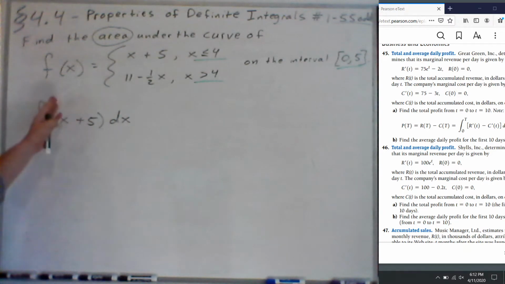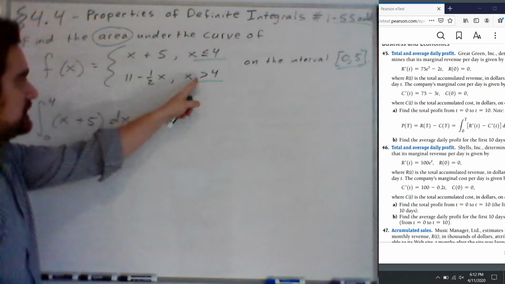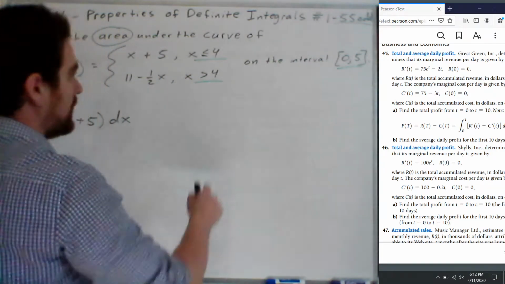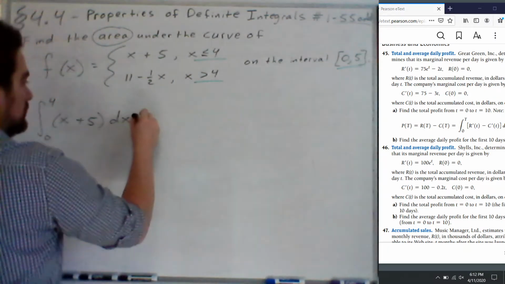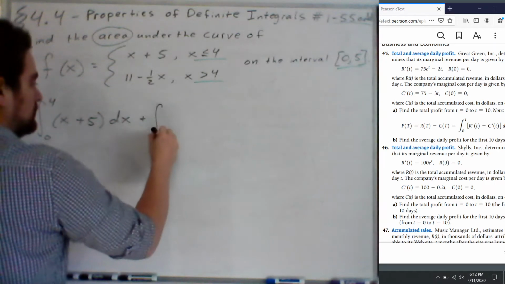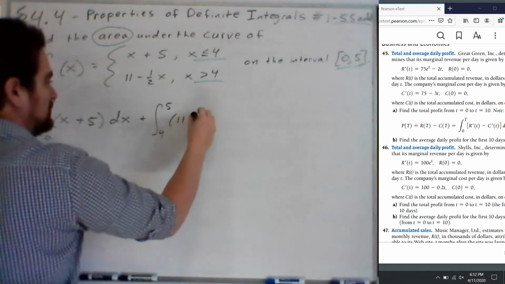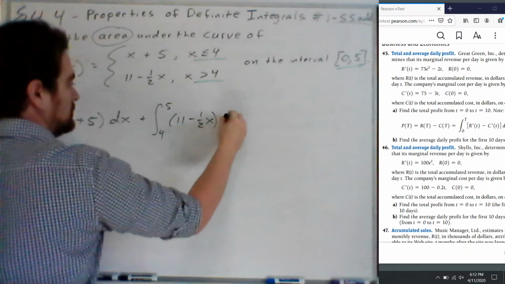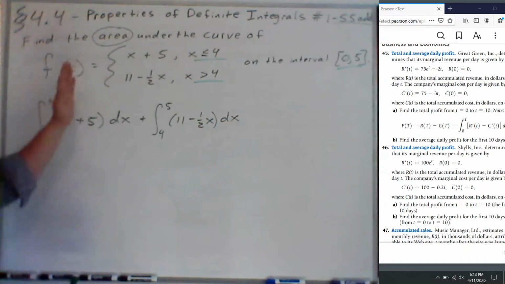But then as soon as I hit 4, I have to switch to this other function and go from 4 to 5, the end of my interval, and use this function, 11 minus 1/2 x.